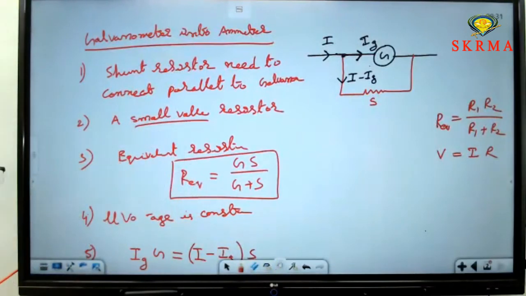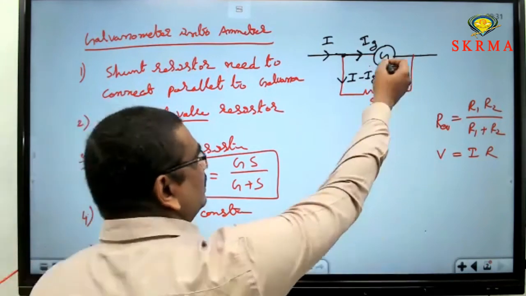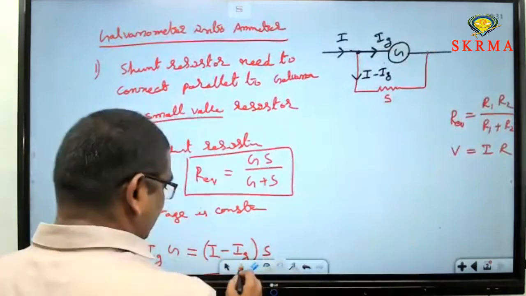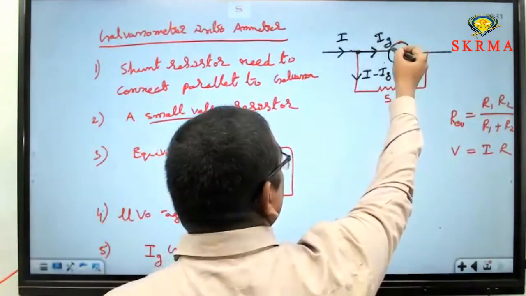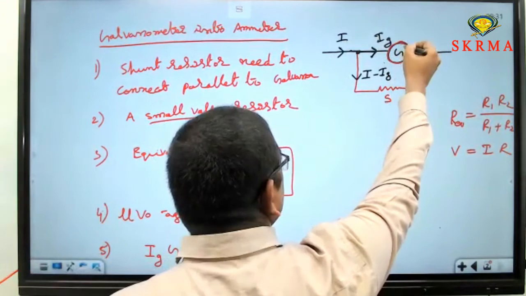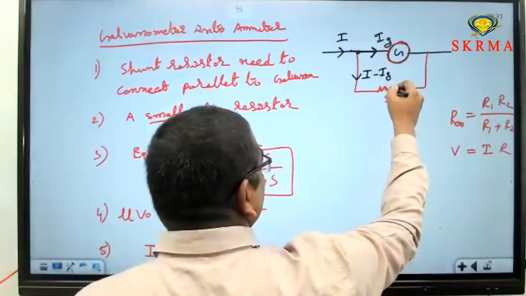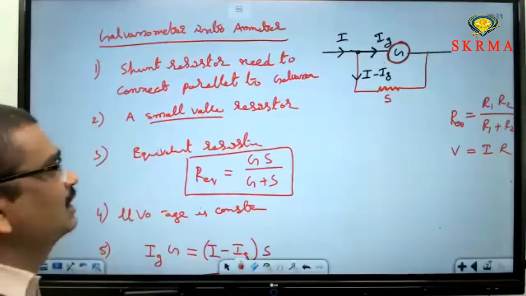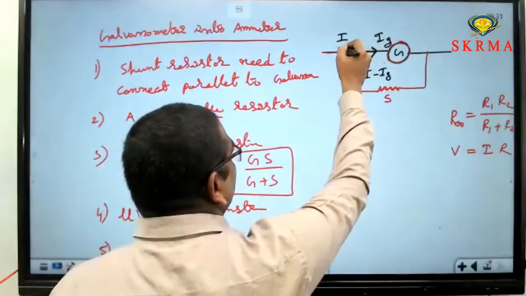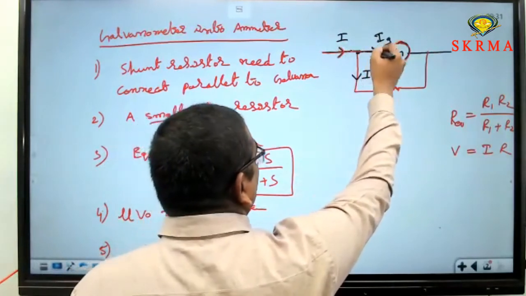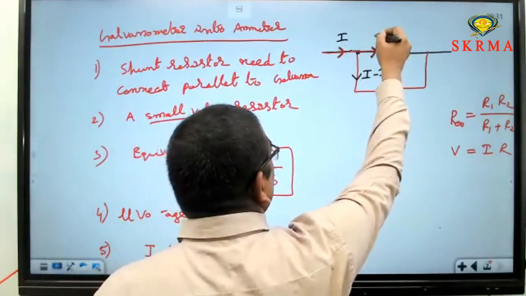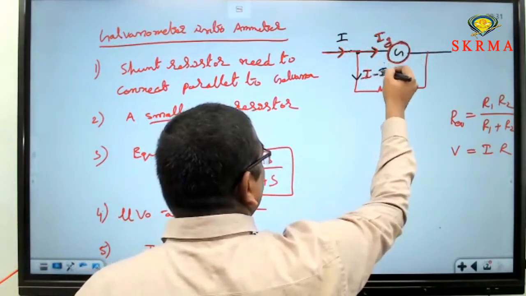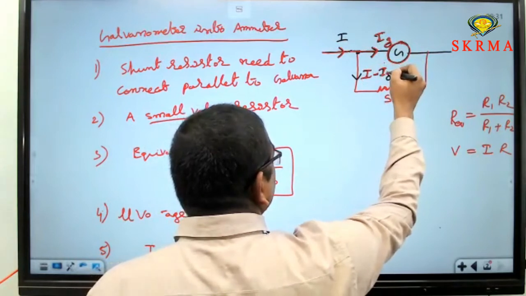Next, for the equation part, just assume that this G is the galvanometer and S is the shunt resistor. This G is the galvanometer with resistance G and this is the shunt resistor with resistance value S. Now the total current in the circuit is I. Ig is the current passing through the galvanometer and I minus Ig is the current passing through the shunt resistor.